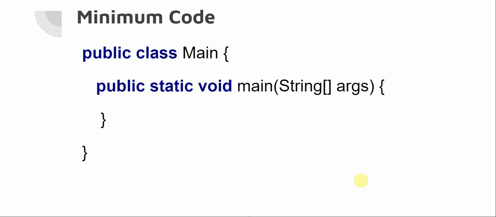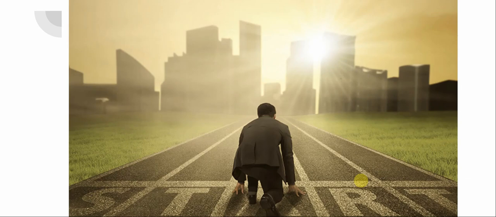So this is the minimum code that is required to run a Java program, right? It's a bit unfortunate that you need to write a lot of code just to print a single string, but you don't have to worry about it. A Java program needs a starting point. Similarly, other programming languages also need a starting point. In some languages it might be the first line, in some languages it could be a method.